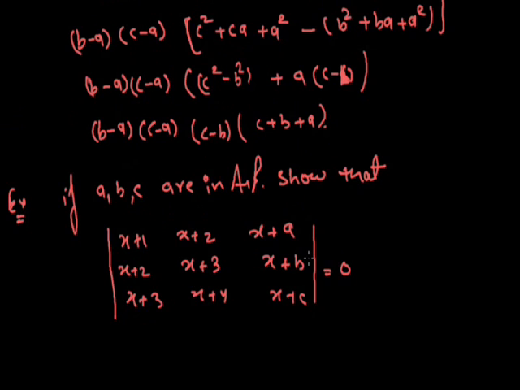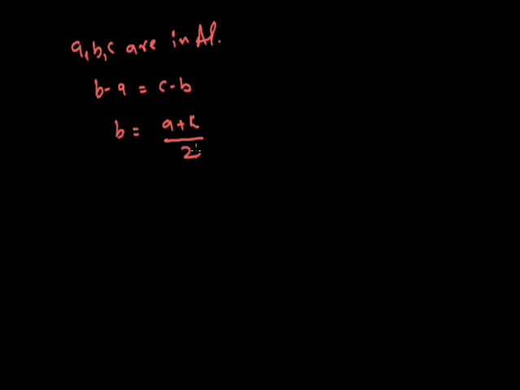Now in the question it is given that A, B, C are in AP. So B minus A equals C minus B, so B equals (A plus C) upon 2. That is the common difference.